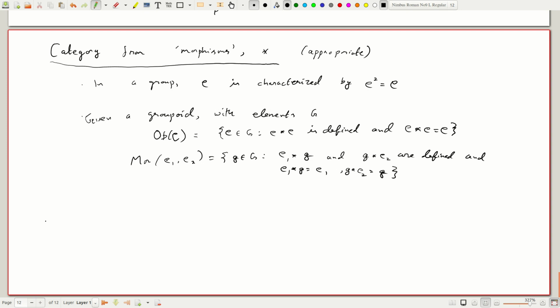Okay, but the last comment I will make here as far as these things is that from a group you get a groupoid, of course, since a group itself is a groupoid. But from a groupoid you get a group if I am given an object.